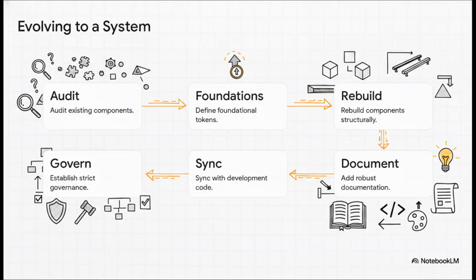Step 2, define your visual foundations and translate them into those powerful design tokens we talked about earlier. Step 3 is to structurally rebuild your components, giving them defined states and behaviors. Step 4 is absolutely crucial. Add robust documentation explaining the how and why. Step 5, sync these designs with your dev code so you have a single source of truth. And lastly, Step 6, establish governance.